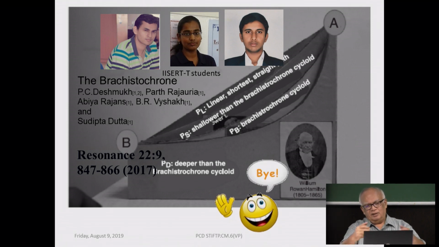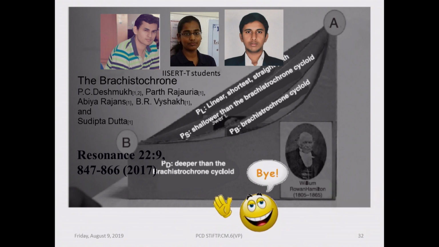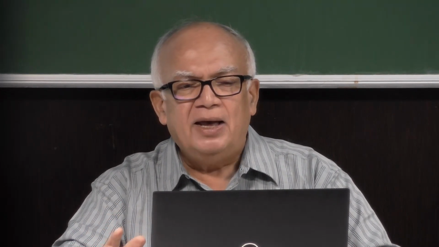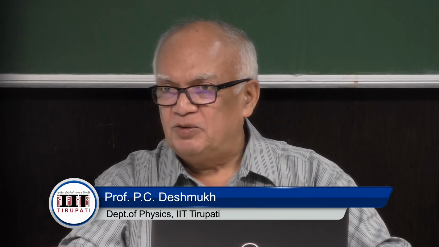And these students did this experiment hundreds of times, and then took the average to make sure that there are no experimental errors of any kind. So it was a very carefully done experiment, and they indeed found that when it goes according to the cycloid trajectory, the time is minimum. So I think we should be setting up this experiment in our lab as well, so we'll do it.